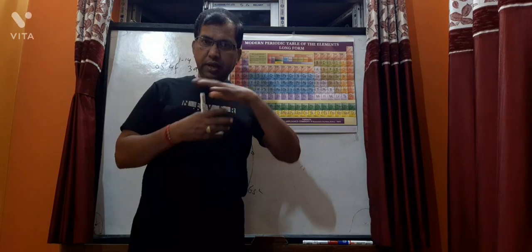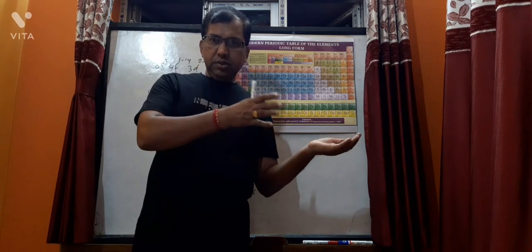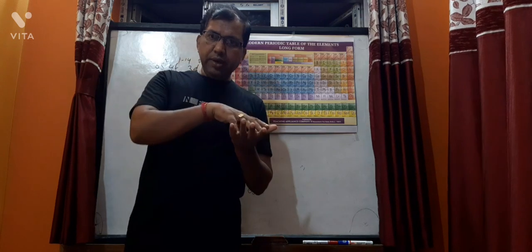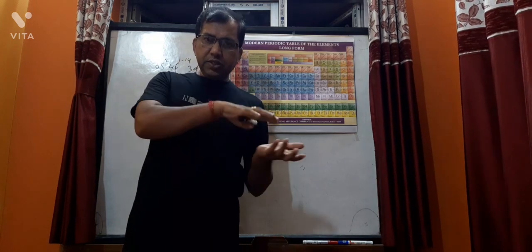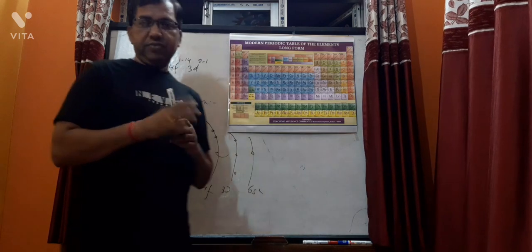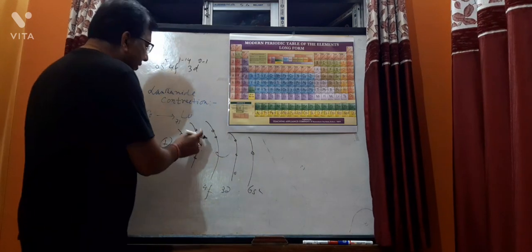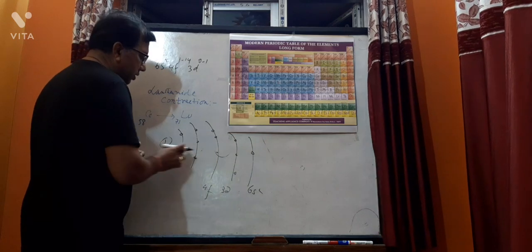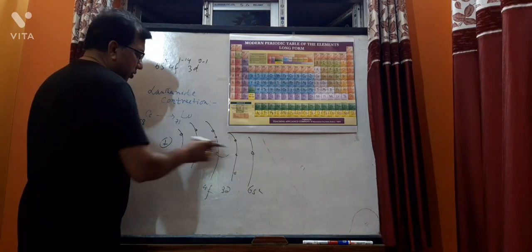The number of electrons is increasing, but electrons are added in the same f orbital. Electrons of the inner subshell resist the outer electrons.